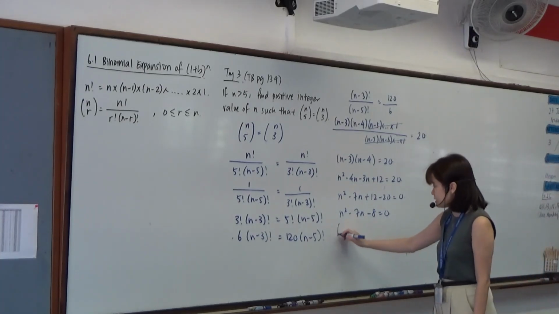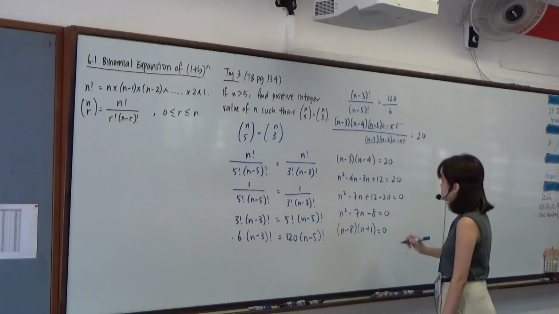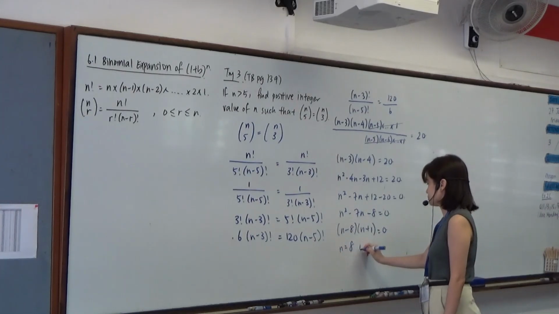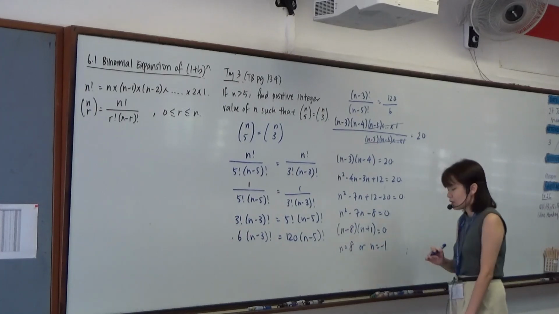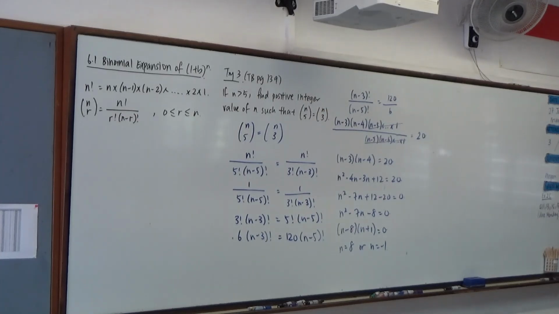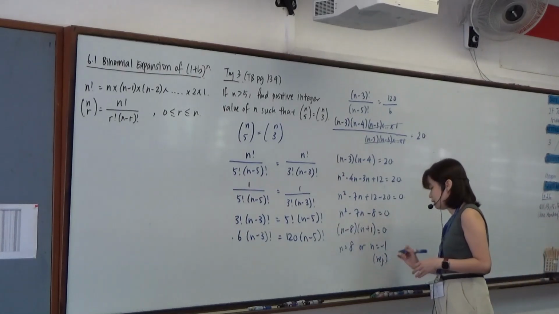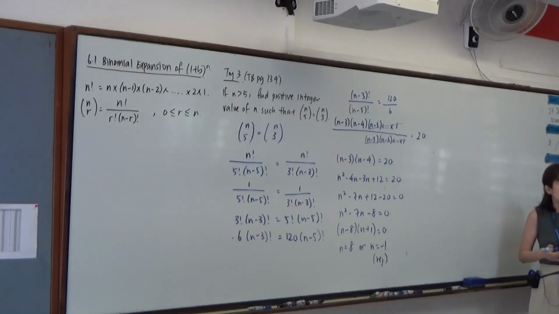Then factorize. We get n equals 8 or n equals negative 1. Keeping in mind that n cannot be less than or equal to 5, because the condition is n more than 5, we reject n equals negative 1.